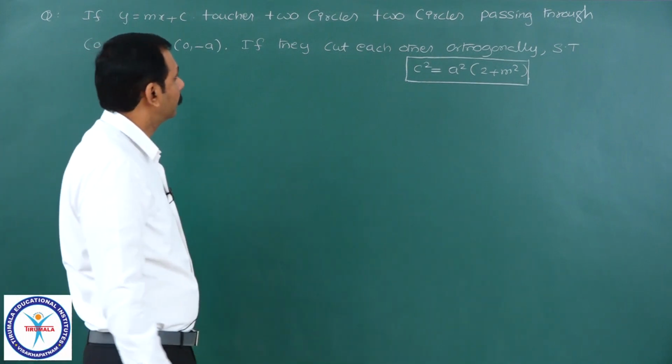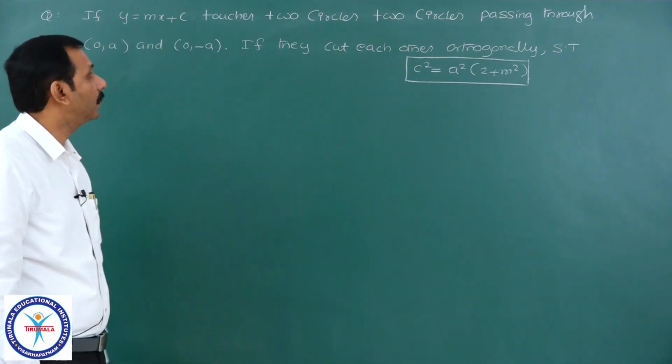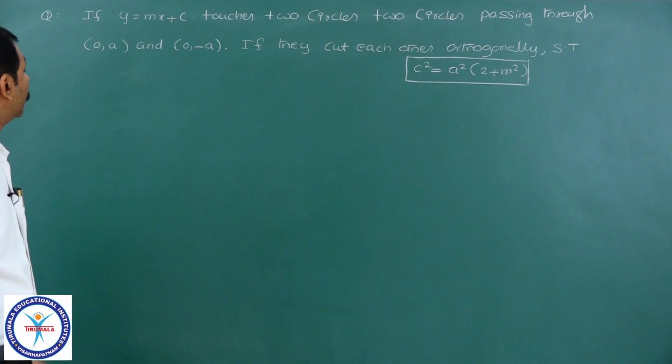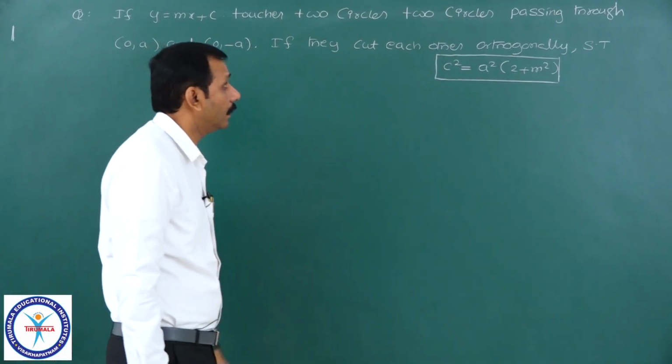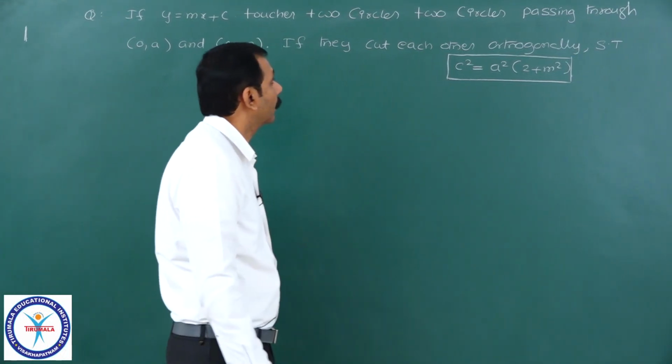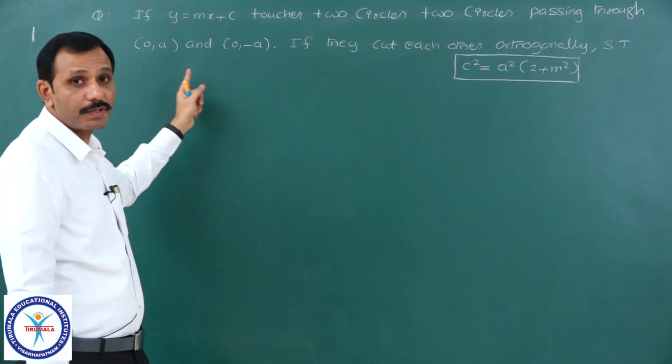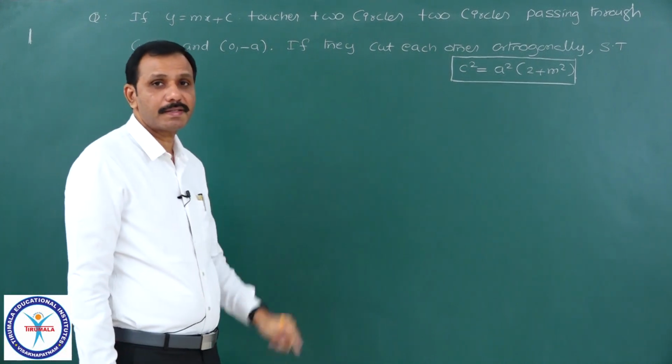Another problem, again it is a very important model. If y = mx + c touches two circles passing through the points (0, a) and (0, −a). What is the meaning?